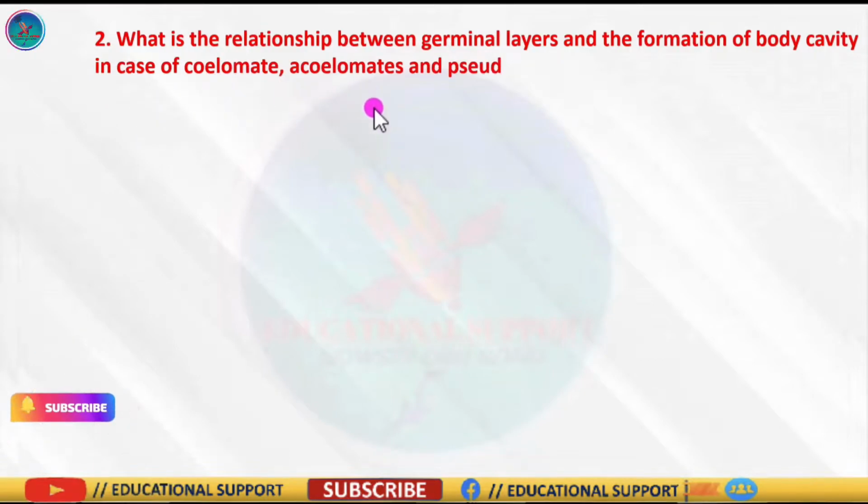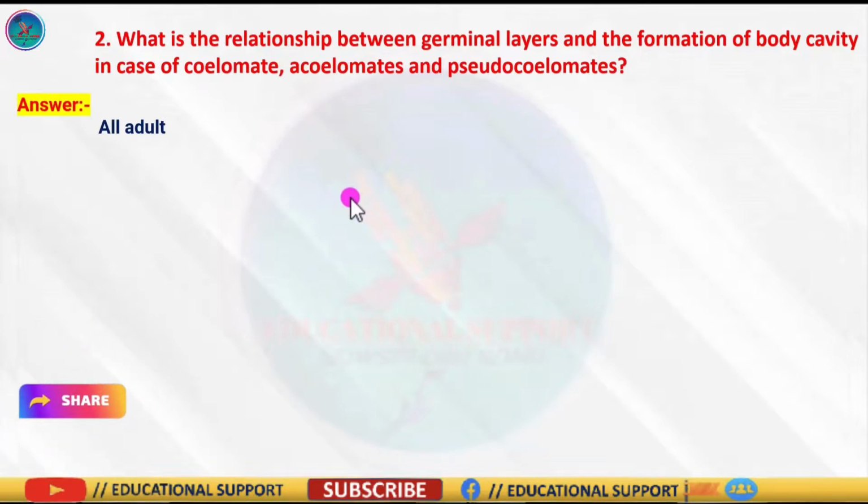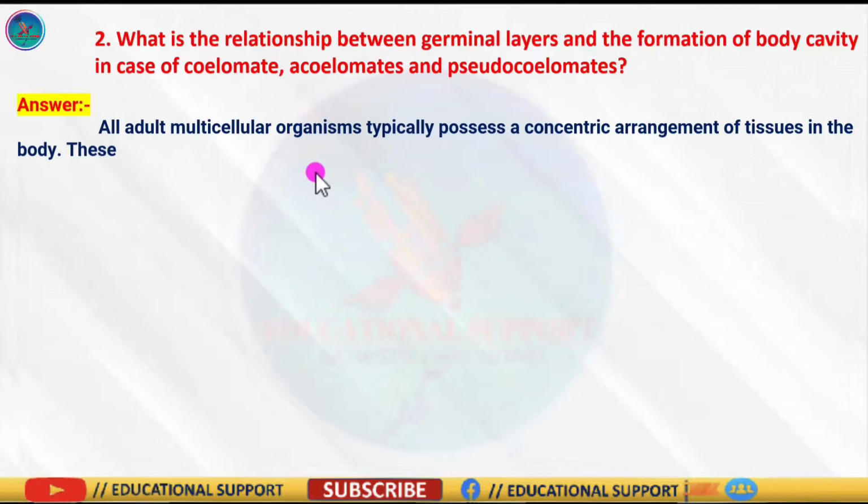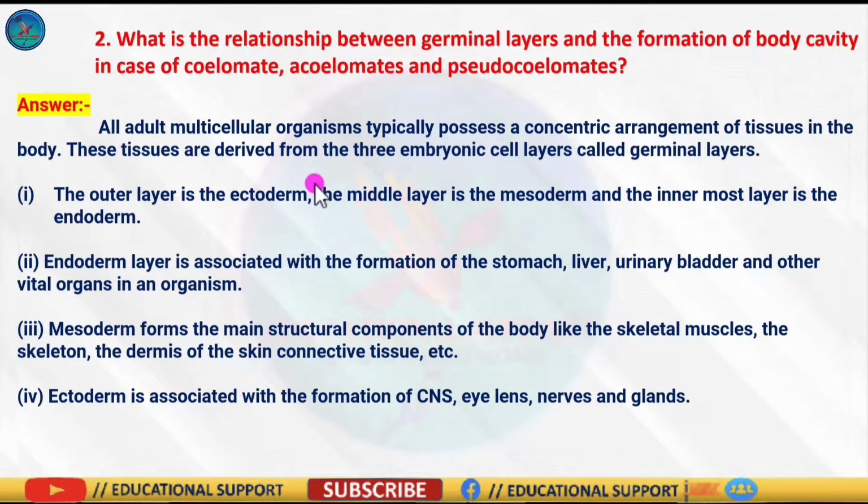Question number 2 is, what is the relationship between germinal layers and the formation of body cavity in case of coelomates, acoelomates and pseudocoelomates? So, there are 3 germinal layers in coelomates, namely ectoderm, mesoderm and endoderm.